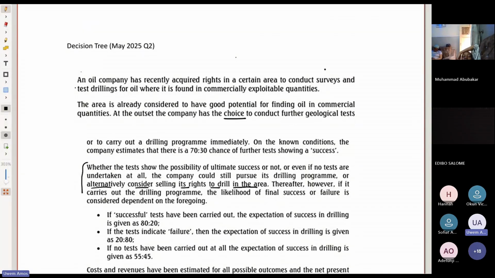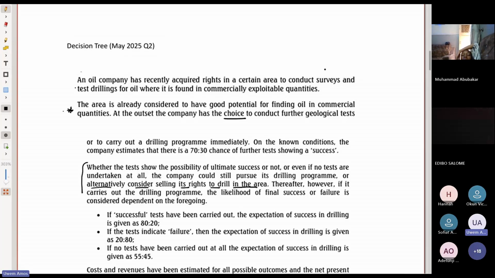The area is already considered, that's the second paragraph right here. The area is already considered to have good potential for finding oil in commercial quantities.